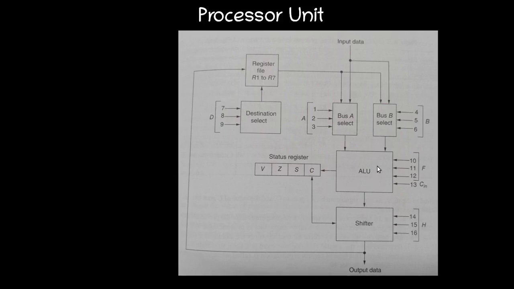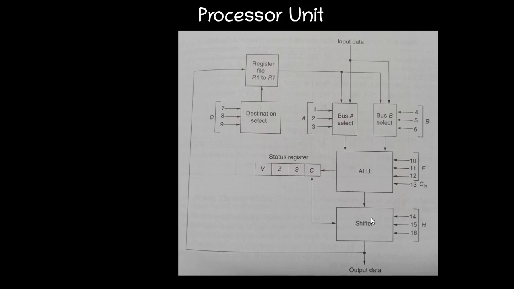Then the output of the ALU is connected with a shifter. This shifter will perform different shift operations on the output from the ALU, and the shift operations will be based on the H input. We have 3 inputs. Based on these 3 select lines, the different shift operations will be performed by our shifter.